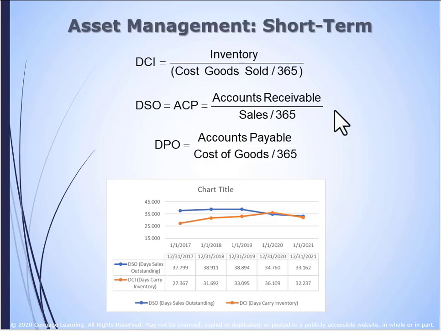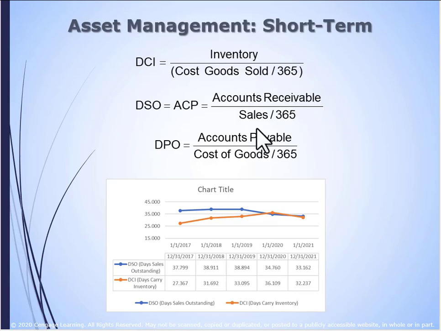Coca-Cola doesn't sell directly to customers. They sell to grocery stores. So their accounts receivable reflect the debt that grocery stores and other types of distribution units have on the company. So again, we want to see how long does it take for them to pay on average.